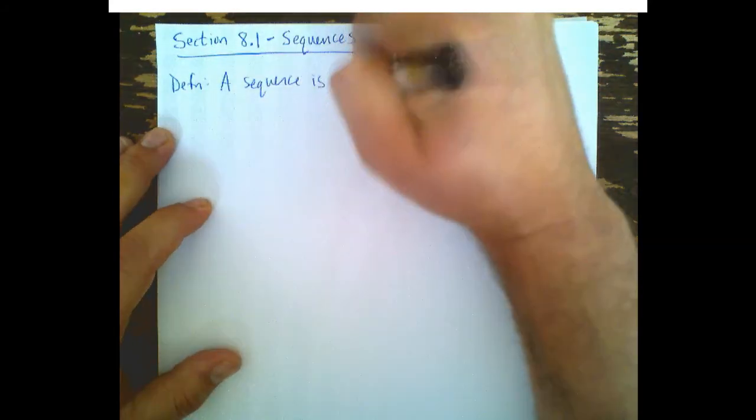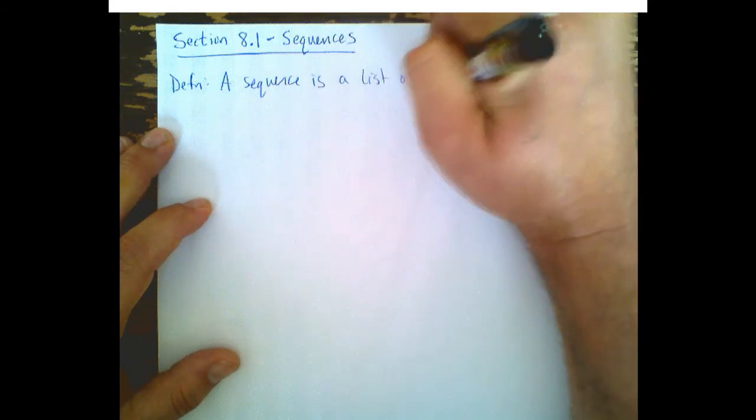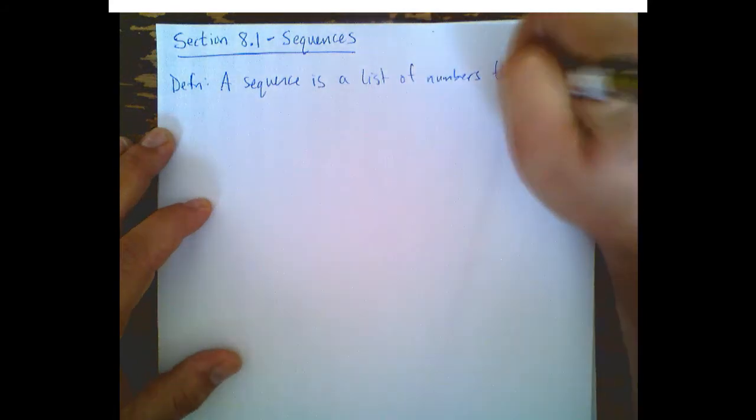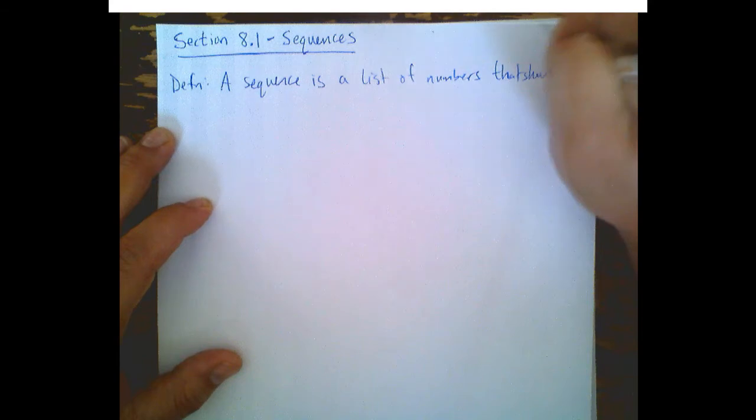Definition. A sequence is a list of numbers that shows some pattern.